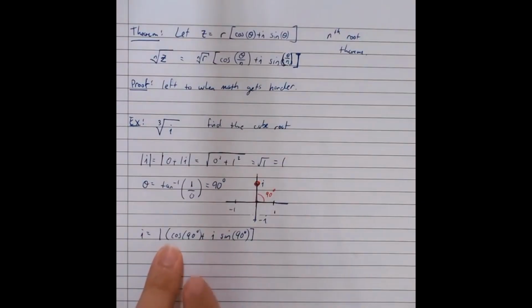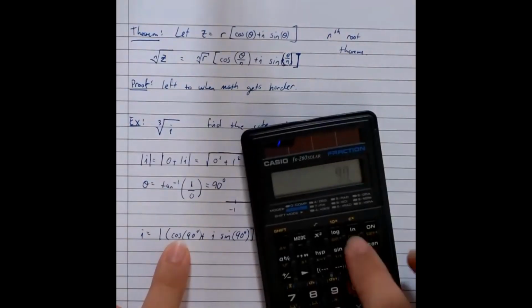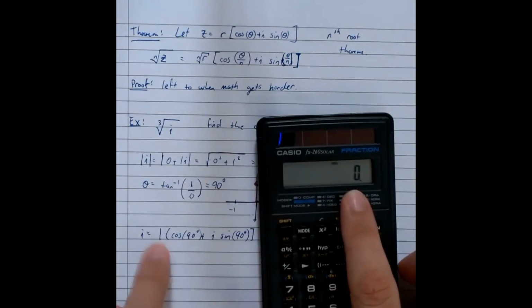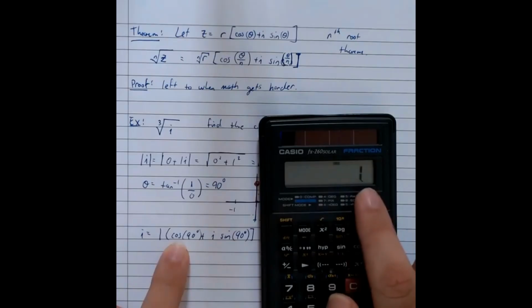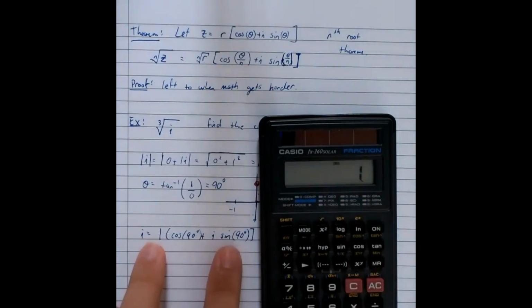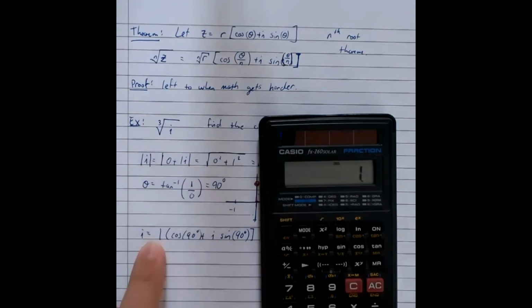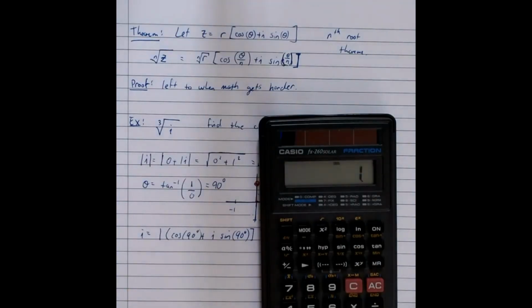I can type that all in. If I take the cosine of 90 degrees, that's 0. 0 times 1 is 0. If I take the sine of 90 degrees, that's 1. So that's going to be 0 plus 1i. Yeah, that's correct. Well, yeah, that's not wrong, but it's not really true. It's not the full story.